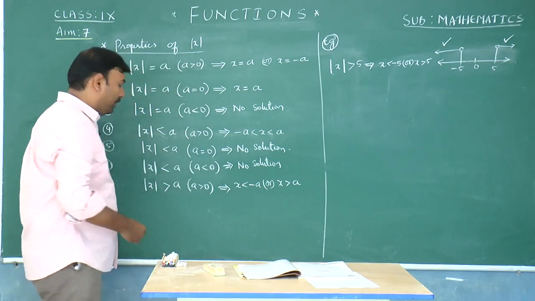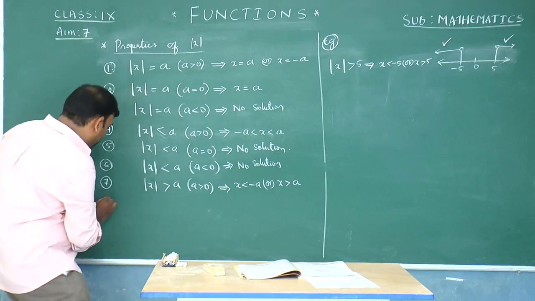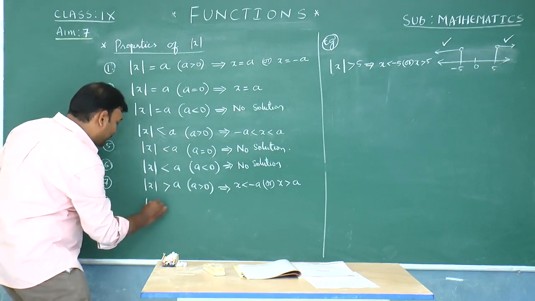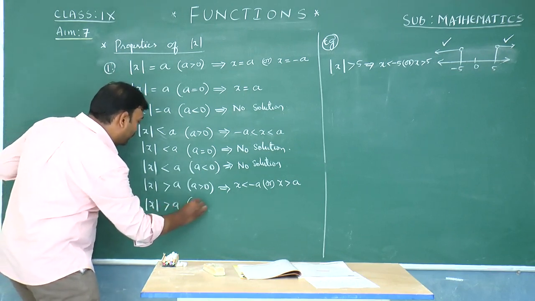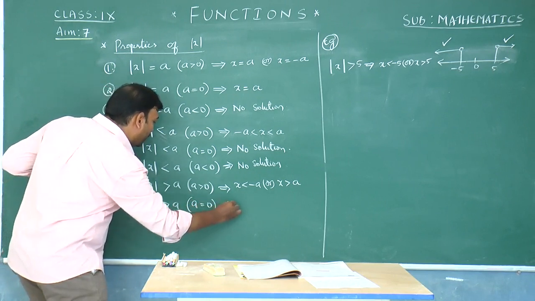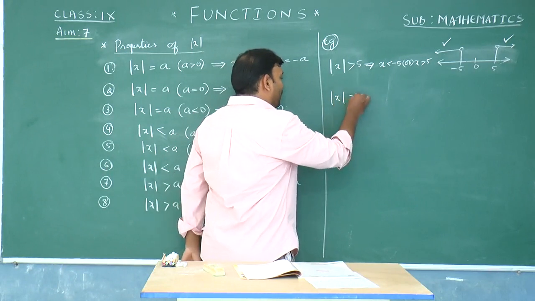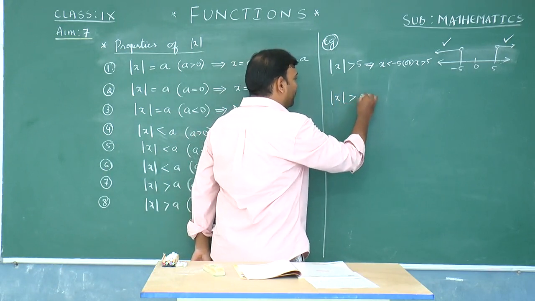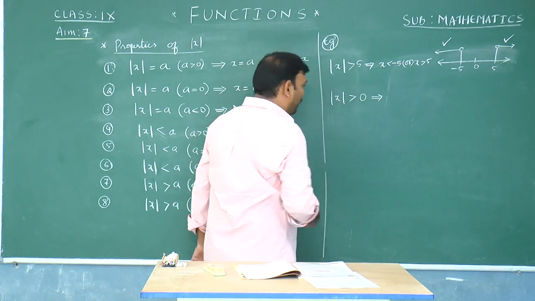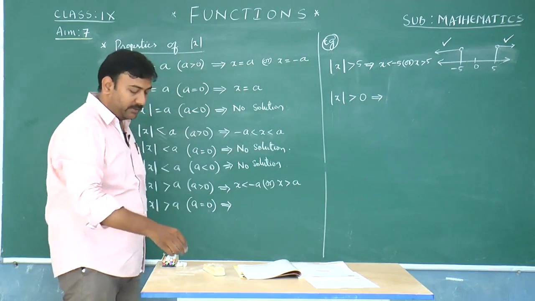So now the greater than type we have got for the next one, that is going to be mod x greater than a in case a is equal to 0. What happens if I take the right hand side to be 0? So mod x greater than 0. Tell me what kind of numbers are going to satisfy this inequation.